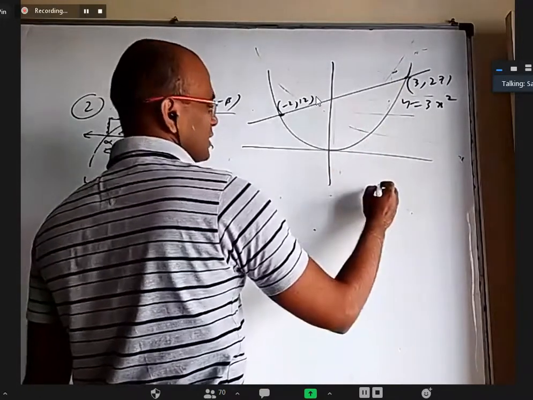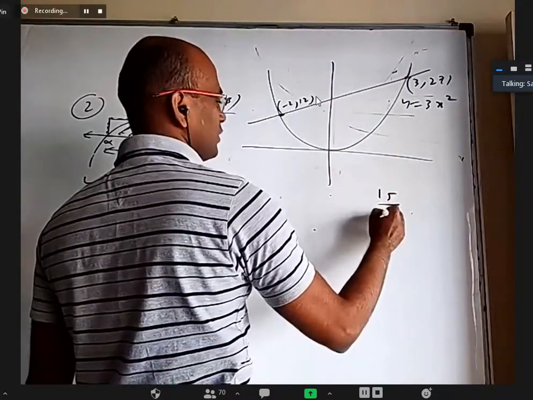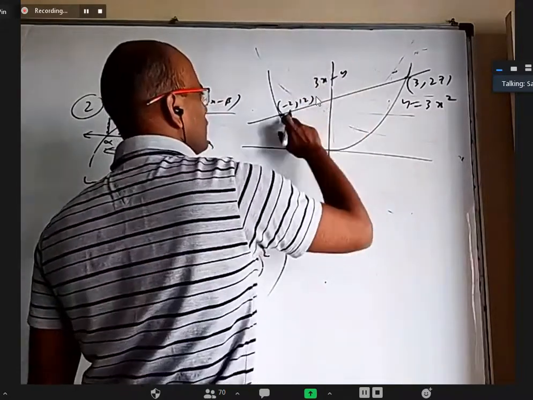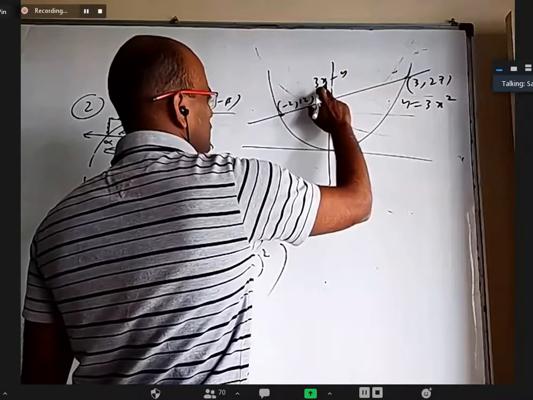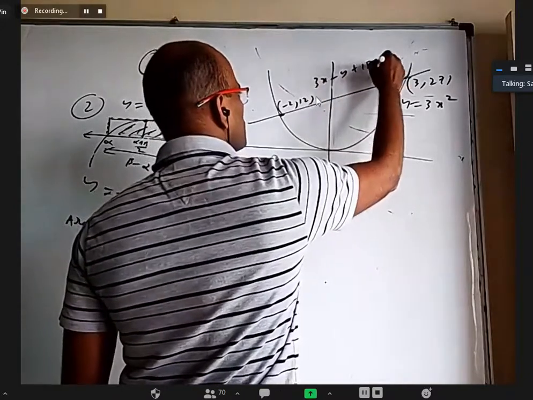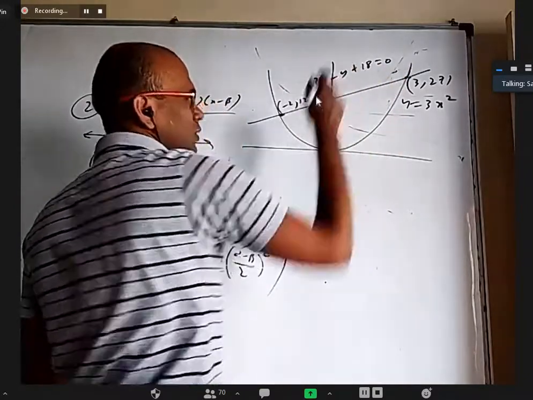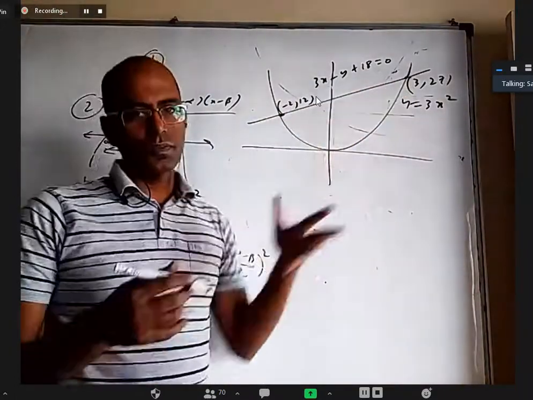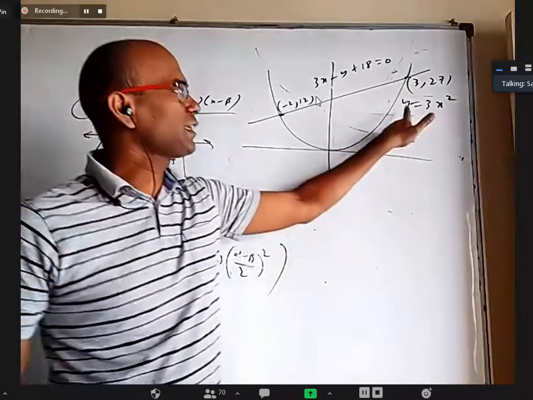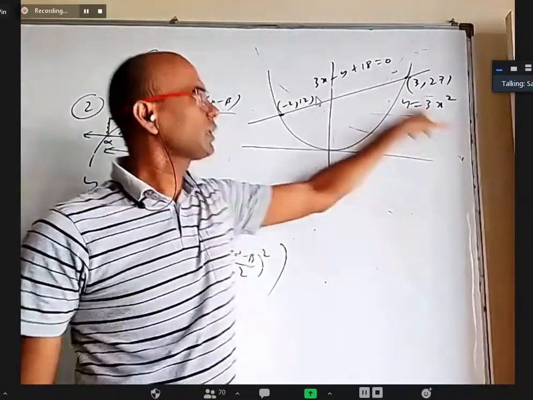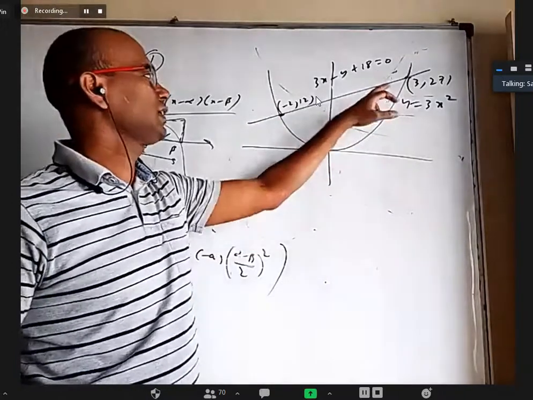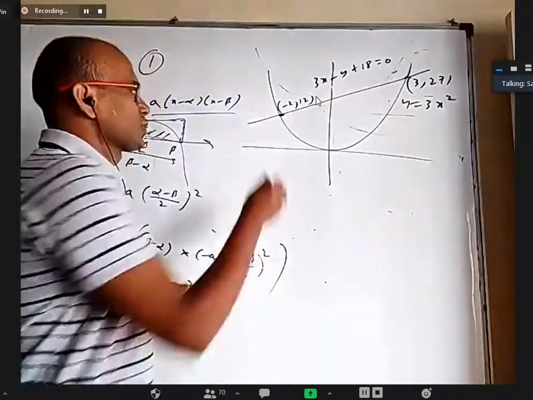What is the slope? 27 minus 12 is 15, by 5, so the slope is 3. So the line is 3x minus y plus 18 equal to 0. Is it matching here? Yes, correct. So don't worry about these two points, I have not given them. I just mention: find the area between the curve y equal to 3x square and 3x minus y plus 18 equal to 0. So you draw the line and the curve and find the points of intersection.